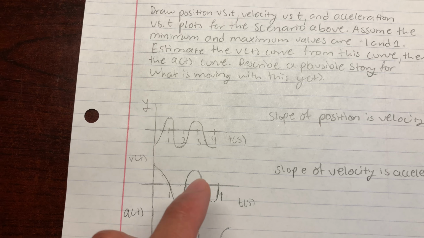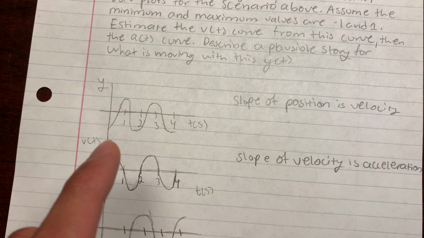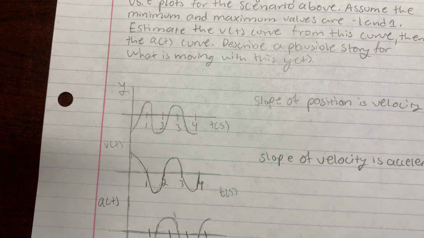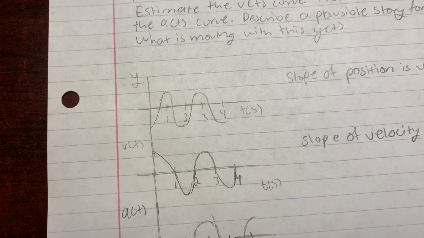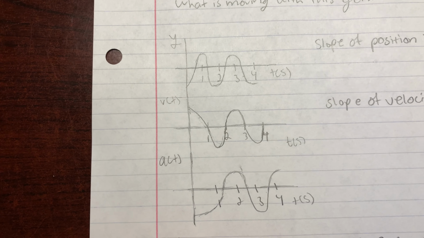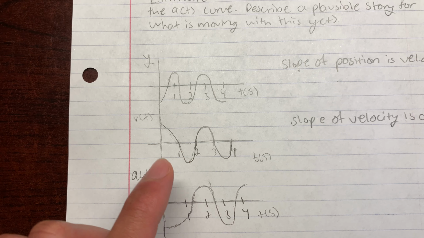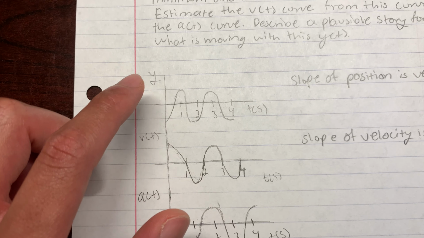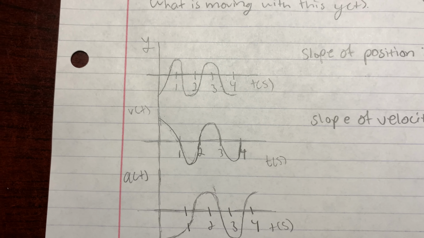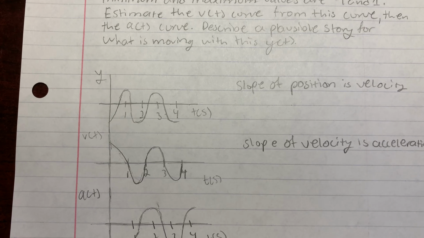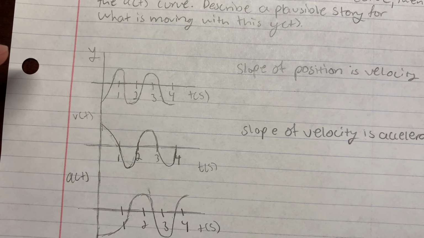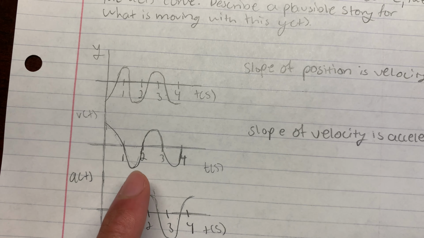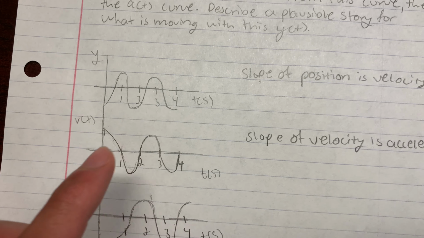Therefore, if we look at the position graph, from 0 to 1 the graph is increasing, the slope is positive, and therefore the velocity is positive.